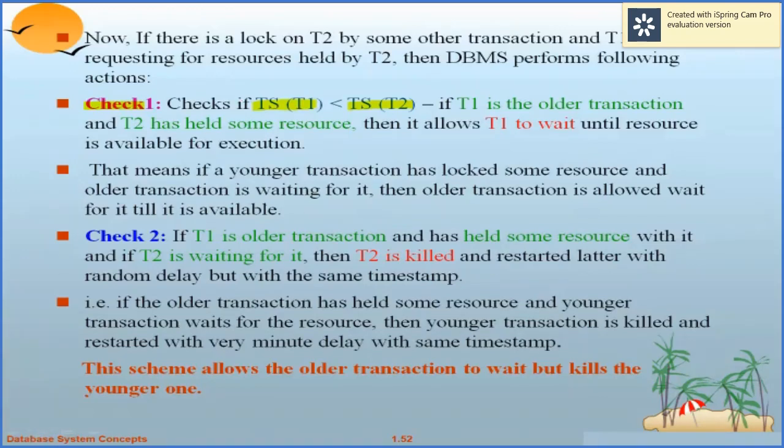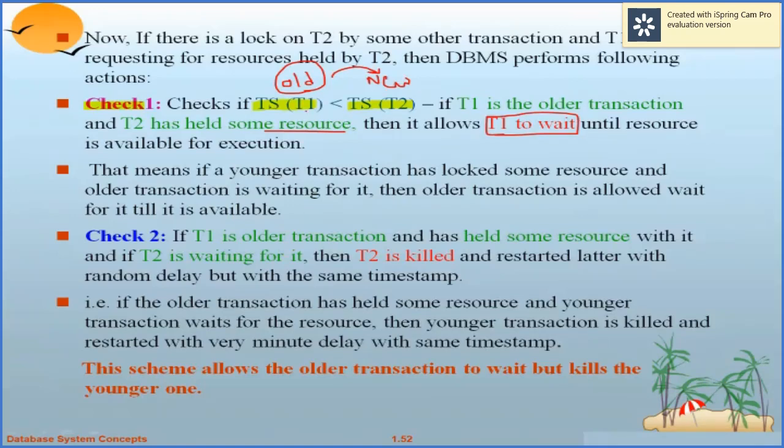When T1 has the smaller timestamp, T1 is the old transaction and T2 is the new transaction. If T1 is the older transaction and T2 holds some resource, T1 will be allowed to wait. The priority is given to T1, and it waits for some time till T2 finishes its work.